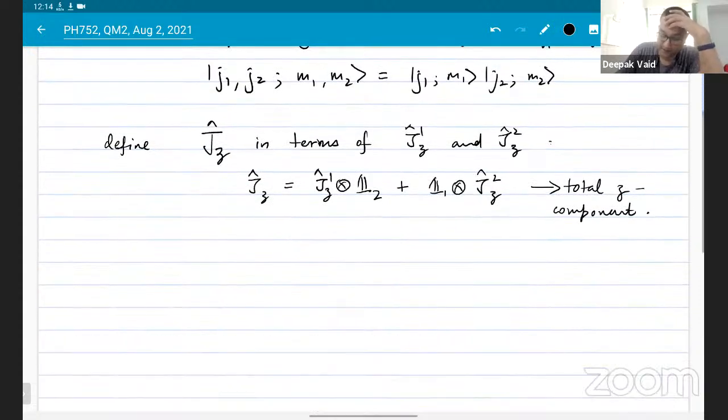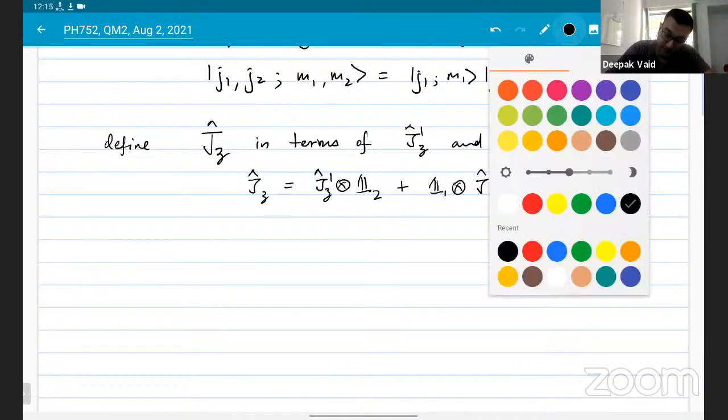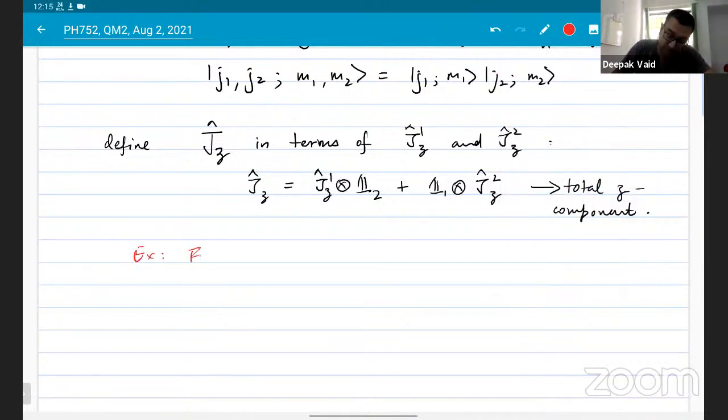As an exercise, it is useful to evaluate this for two spin 1/2 particles.